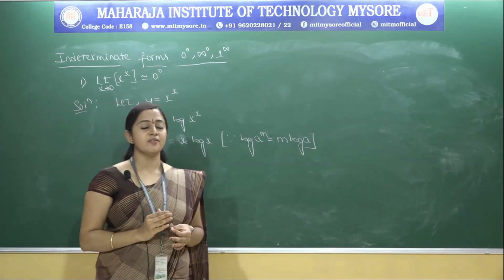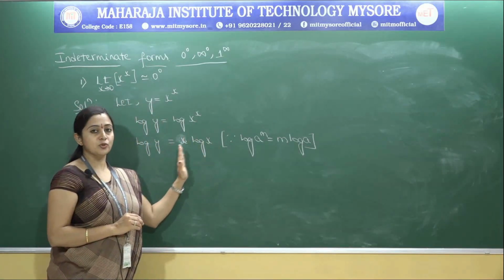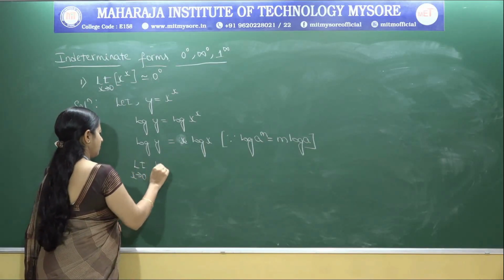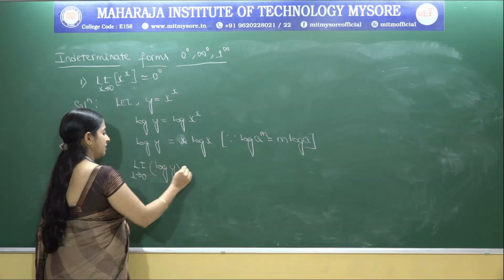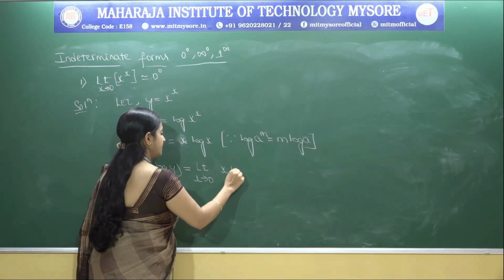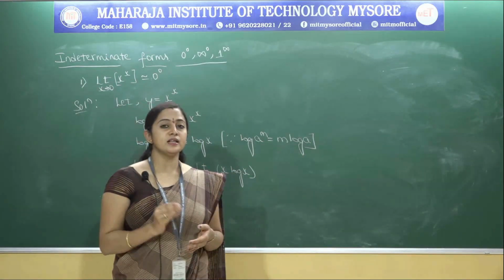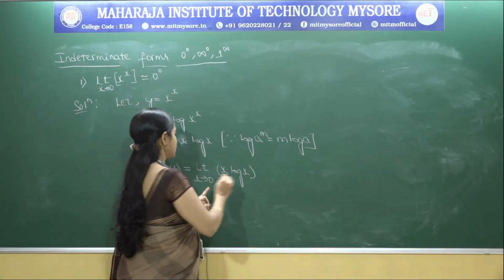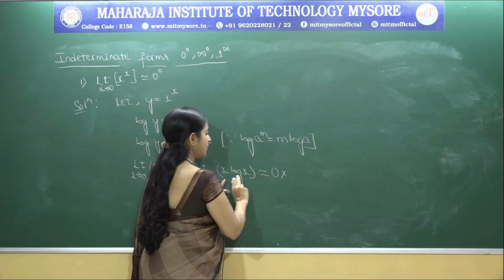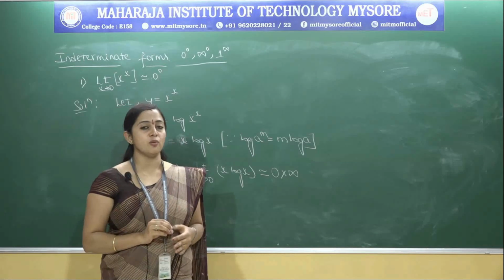Then in the problem, the given limit is x tends to 0. So apply the limit as x tends to 0 on both sides. So limit as x tends to 0 of log y equals limit x tends to 0 of x log x. Soon after this, apply the limit for the RHS part. If you apply the limit for x is 0, the log 0 is infinity, the limit tends to 0 into infinity form.